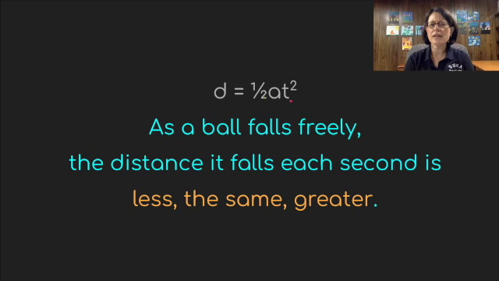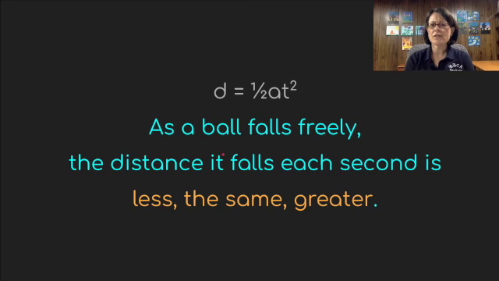We're just looking at time. So at 1 second, 1 squared is 1. At 2 seconds, 2 squared is 4. At 3 seconds, 3 squared is 9. So you see that number getting bigger and bigger and bigger, exponentially, really.